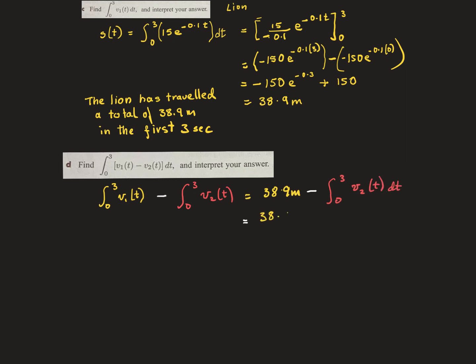So we rewrite the 38.9 and we now find out what was that function for the zebra. So we'll just write it in here, e to the minus 0.1 t dt, and continue working it out.